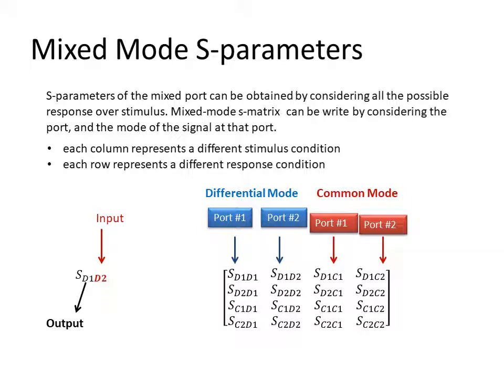Actually, from the analysis point of view, in the differential mode case, a pair of signals applied at the input have opposite, 180-degree phase difference. In the case of the common mode, the pair of signals applied at the input have the same phase. That is the difference between the differential mode and common mode from the circuit point of view.